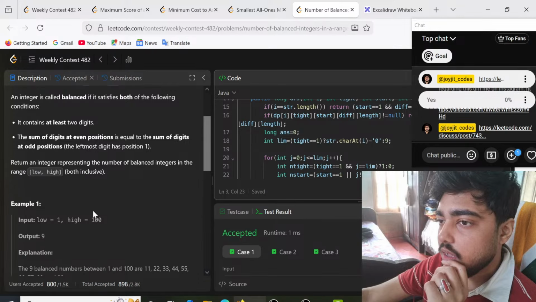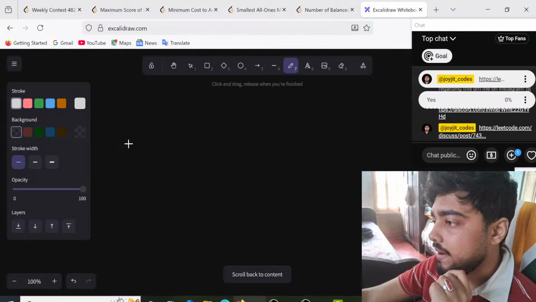So let's take it like this. Ignore my handwriting.